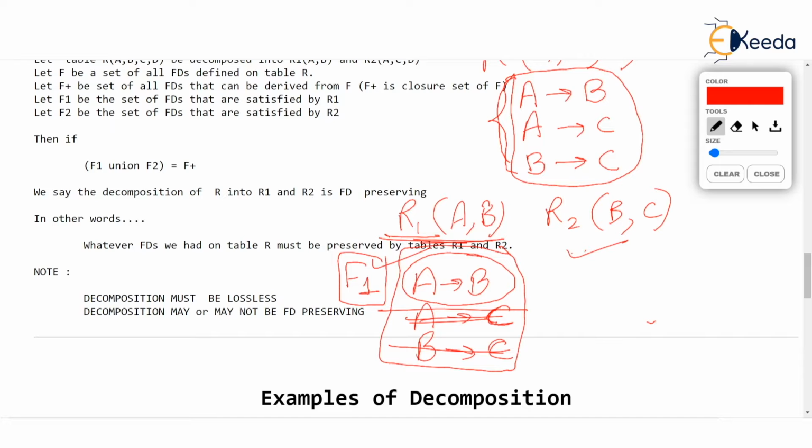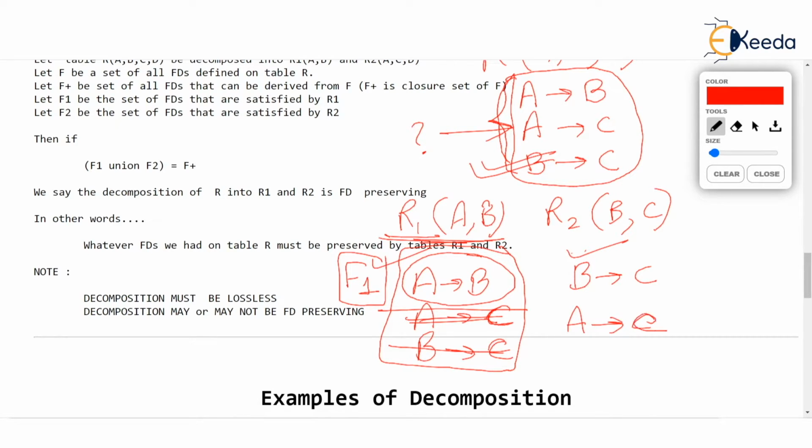This is the set of dependencies which R1 agrees on. Similarly, some dependencies R2 will agree on. As you see from the original dependencies, B determines C is already there in the original dependency set. So B determines C is there. But what about A determines C? Is it to be taken here?